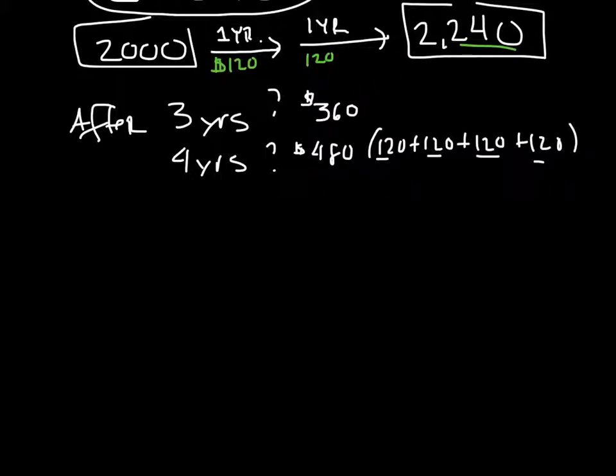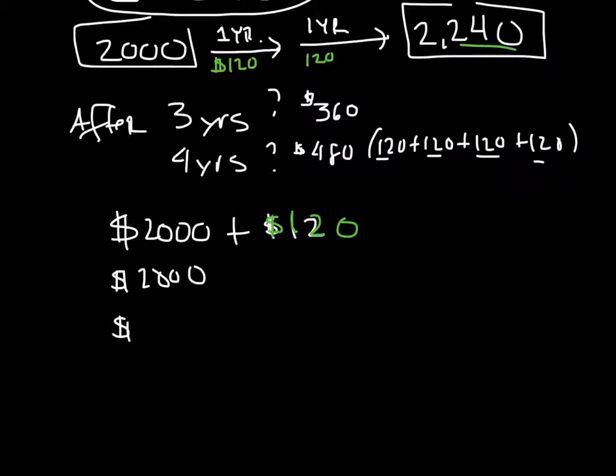So we had, if we want to write it again, 2,000 plus 120. After 2 years, 240.